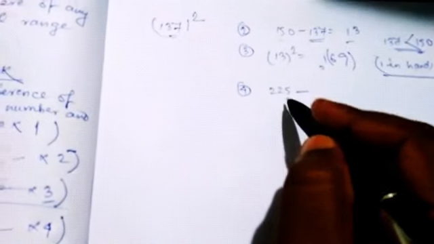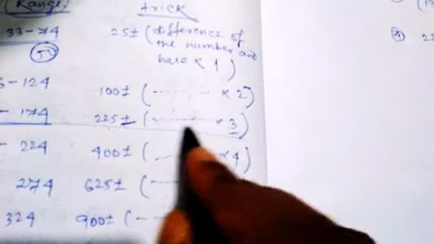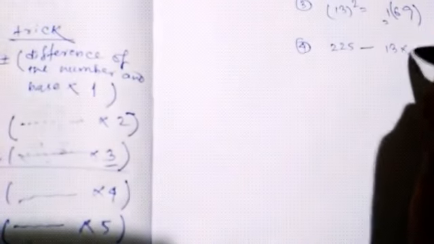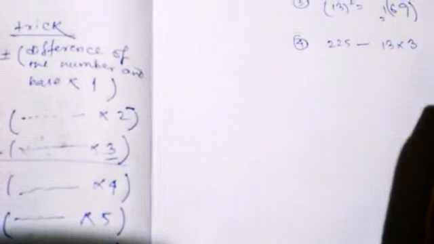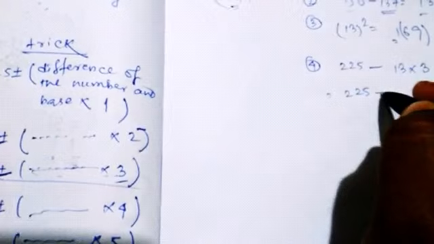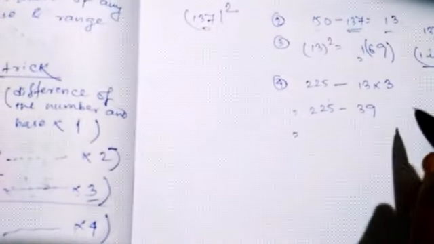So here it should be 225 minus the difference into 3. Difference was 13 into 3. That should be 225 minus 39.